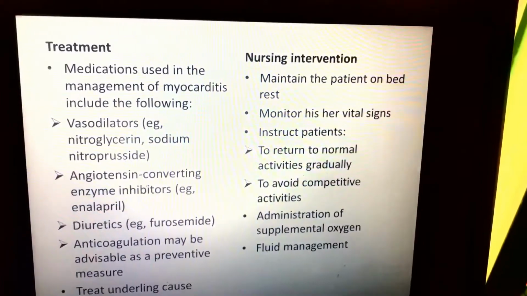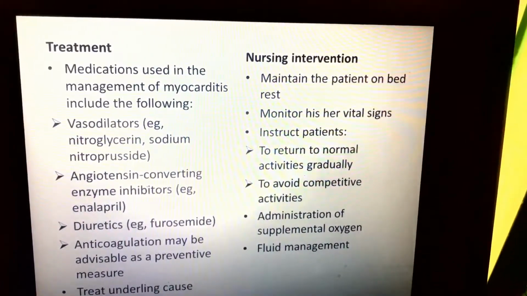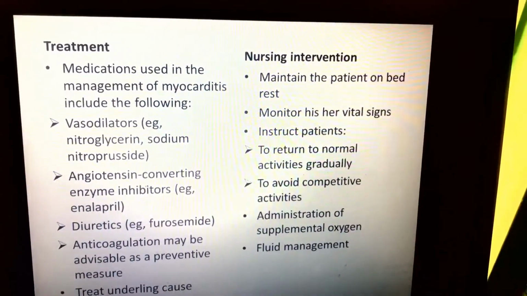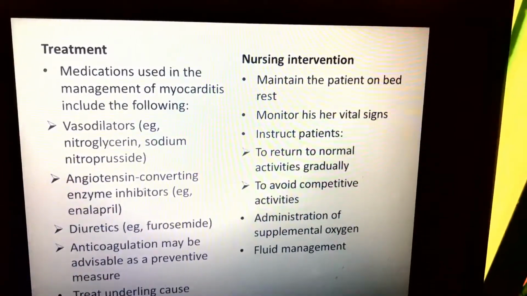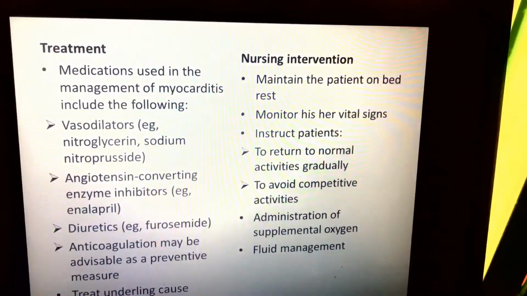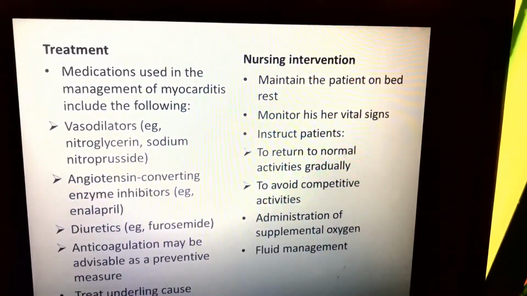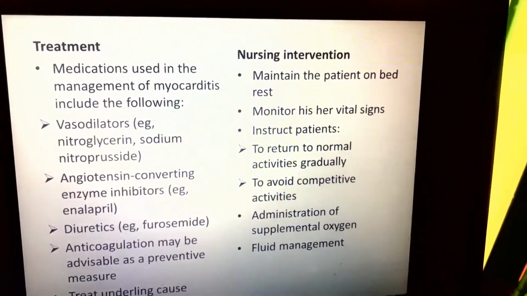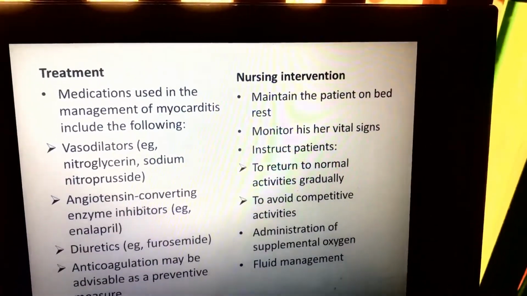What is the intervention? For nursing intervention, we have to maintain the patient on bed rest, of course, because they have fatigue, and we monitor their vital signs. We instruct the patient to return to normal activities gradually, because the fatigue can return. Gradually means to do the easy activities slowly, and go to the harder activities.